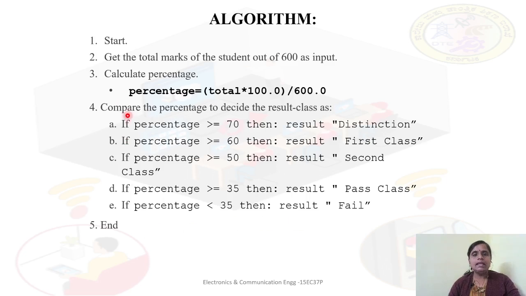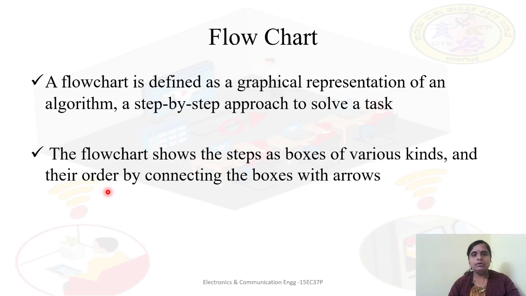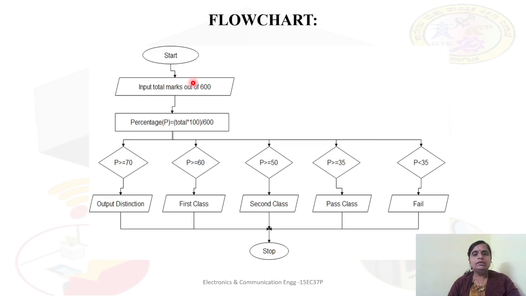We'll now see the same algorithm in terms of the flowchart. This is the flowchart. We start the program. We take the input, the total marks out of 600. Next we calculate the percentage P, which is total into 100 divided by 600. Now this is the main task of the program, wherein we use the if else statements.